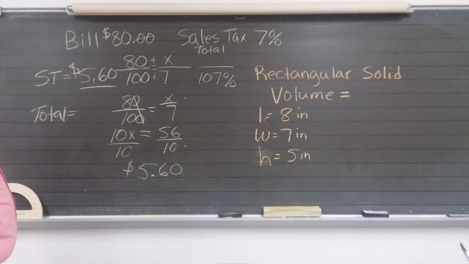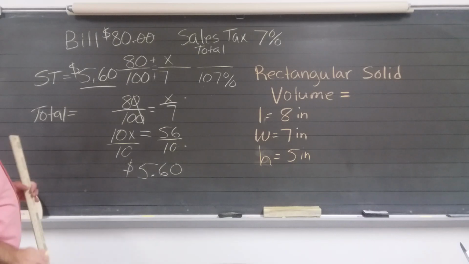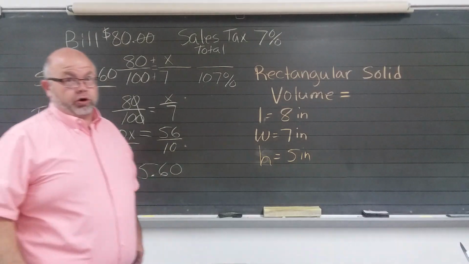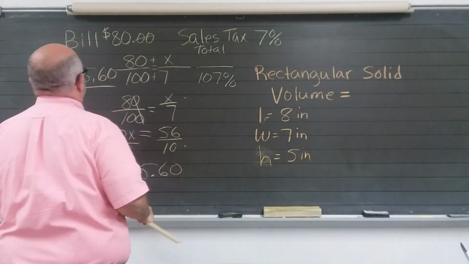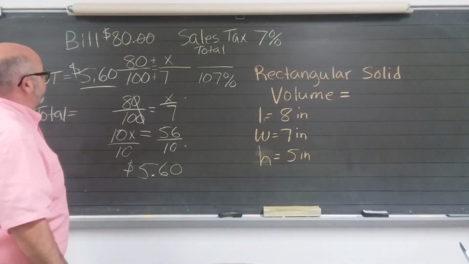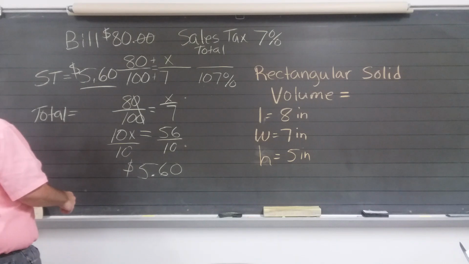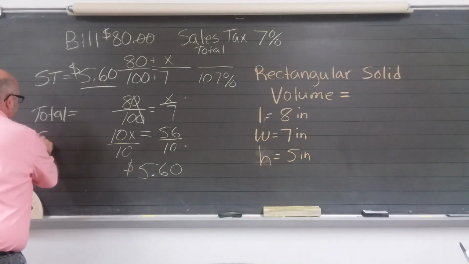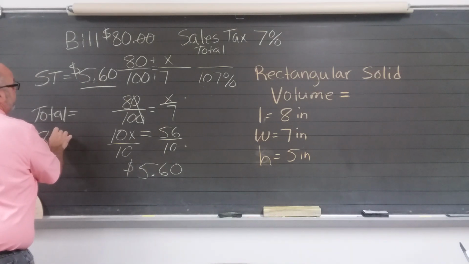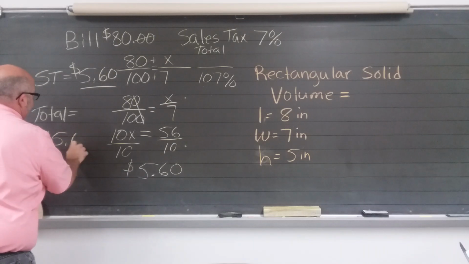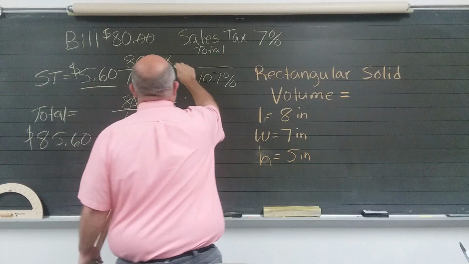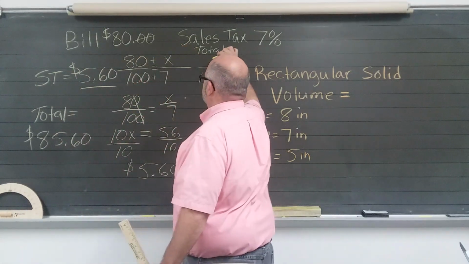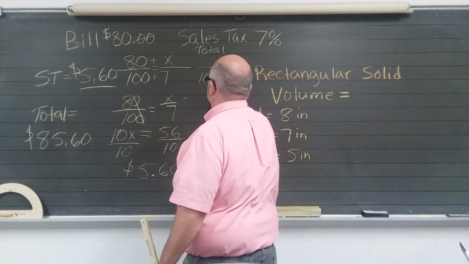All right? Sales tax means you're paying more, so you add sales tax. What is $80 plus $5.60? $85.60 would be your total then. So you have your sales tax, you add that, this is your total bill.